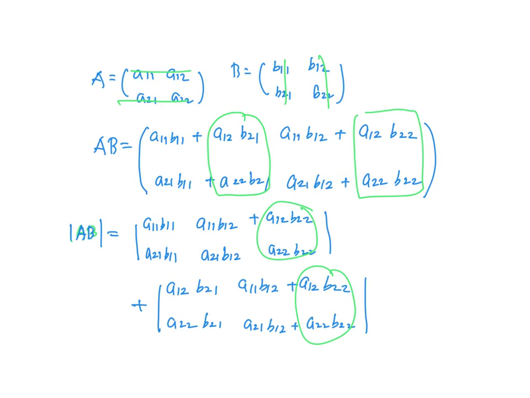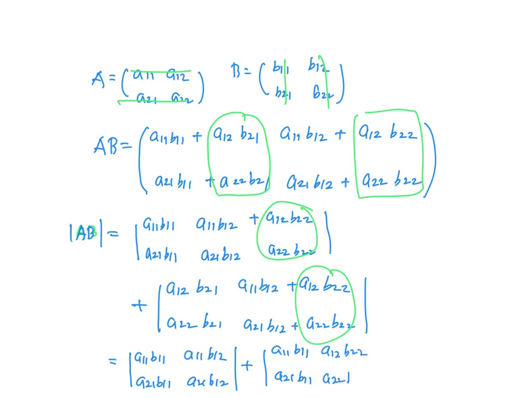I think I have to write down with a small letter. So A11 B11, A21 B11, A11 B12, A21 B12, plus that column has been replaced by the new one. So A11 B11, A21 B11, A12 B22, A22 B22. I think we need some space here.